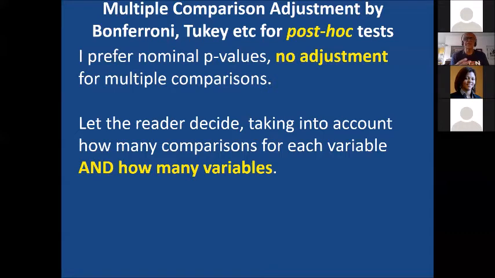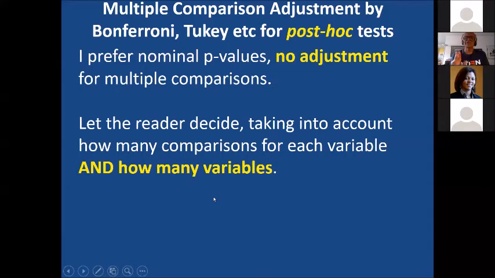They typically look at multiple variables. So there is no control at all for that in the usual Bonferroni or Tukey. There's no way to tell it, this is not the only variable I'm doing. I'm actually doing 6 variables. There is no provision for that. So that is why I prefer to give just a nominal p-value.